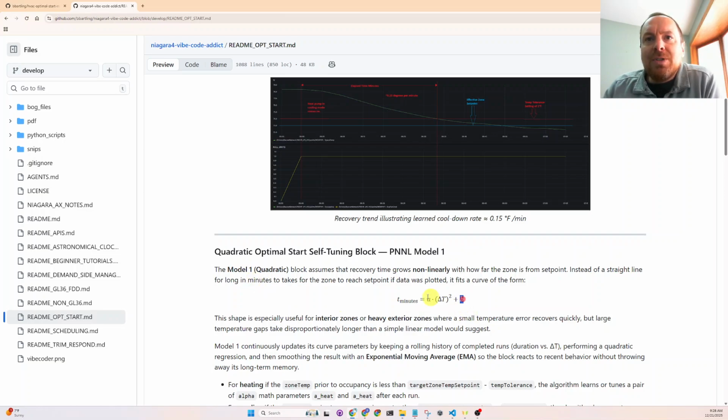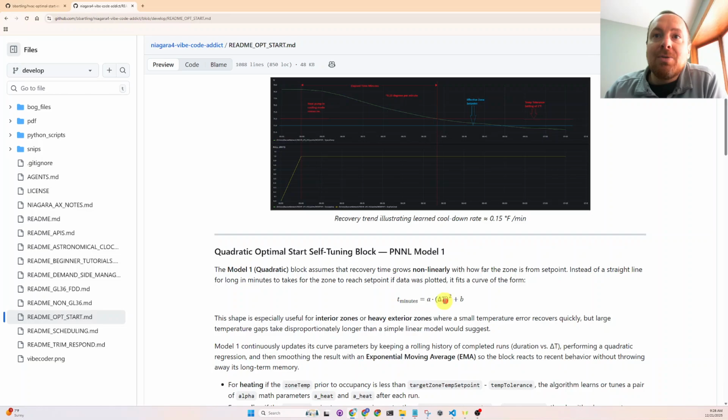So we studied how we're computing minutes. That's based off of this alpha parameter and the delta temperature squared plus a b alpha parameter. So this is delta temperature. If you remember, it was the zone temperature before the building starts, where it would be colder or warmer than the occupied zone set points.